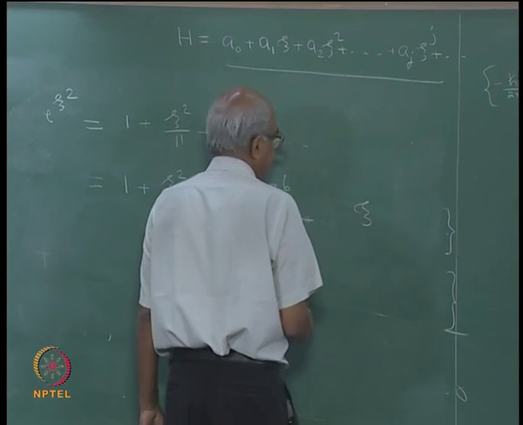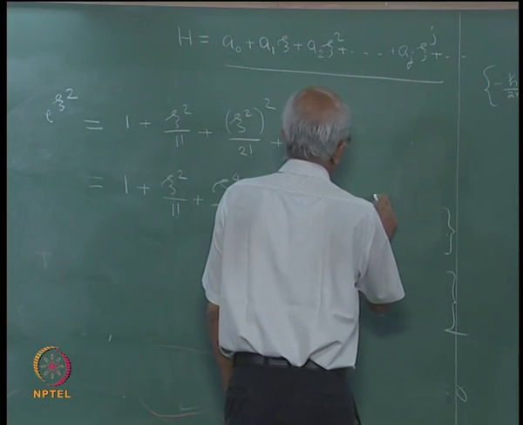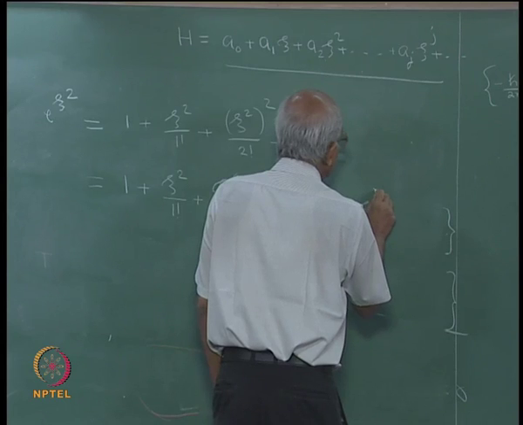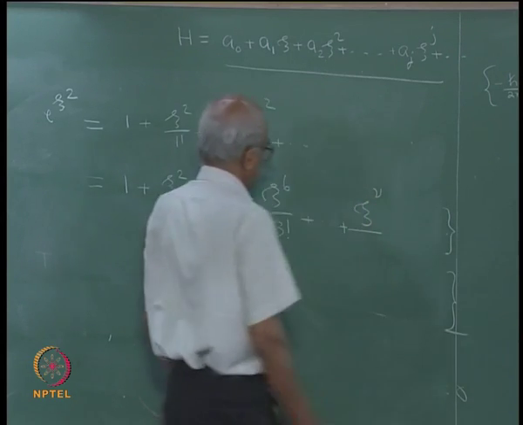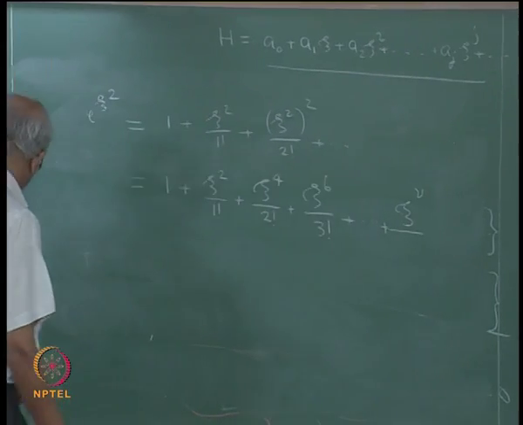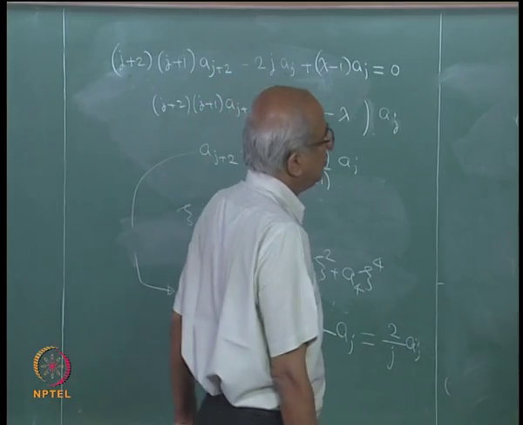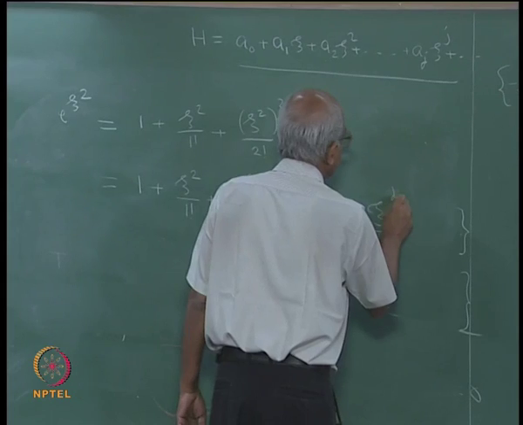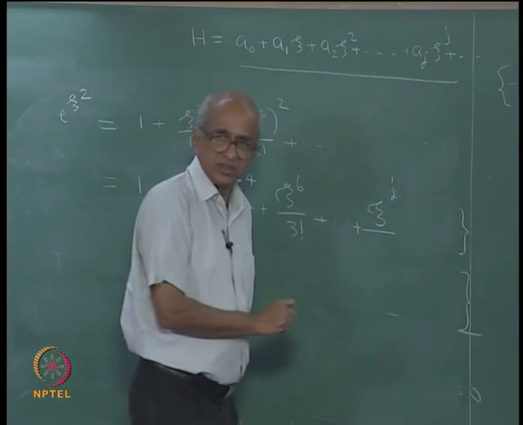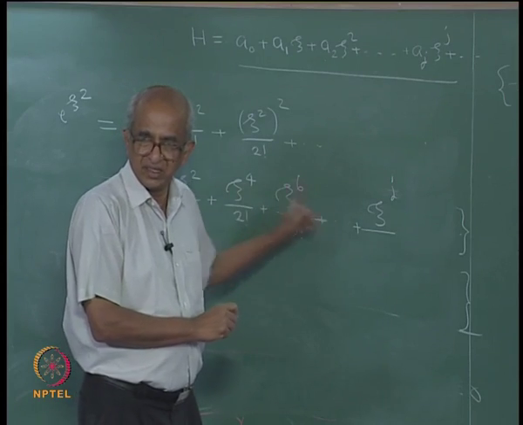In general, c to the power of j divided by how much? j has to be even the way it is.